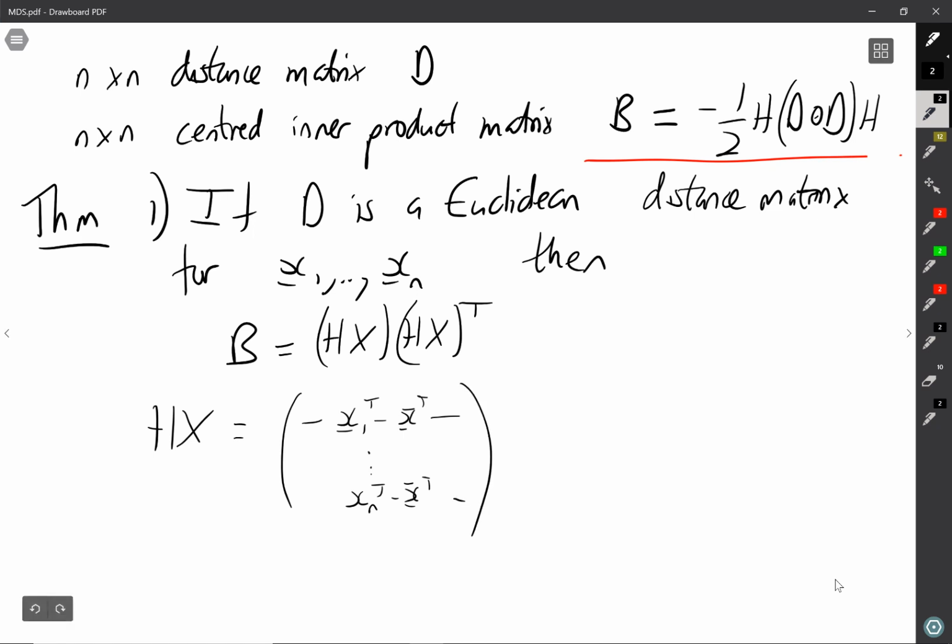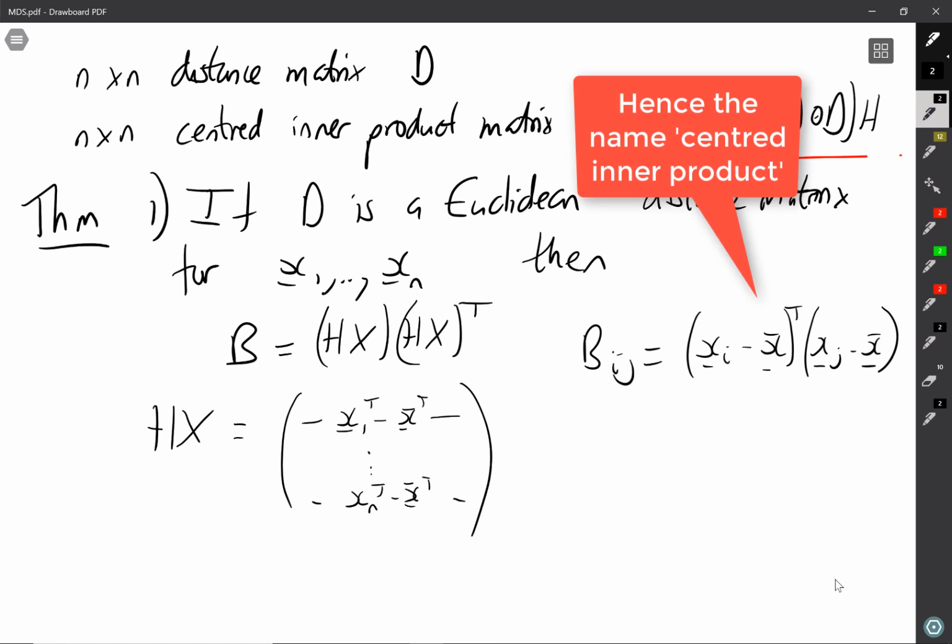These are row vectors. So element B_ij is just (xi minus x bar) transposed times (xj minus x bar). If we have the data coordinates, the feature vectors x1 to xn, then an easy way to compute the centered inner product matrix B is like this.